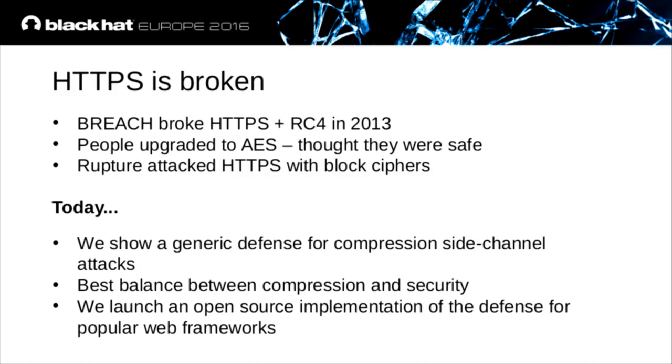What we're going to show today is a generic defense for compression side channel attacks. We propose that it's the best balance between compression and security compared to the other proposals. And we will launch today an open source implementation of our defense in many popular web frameworks.